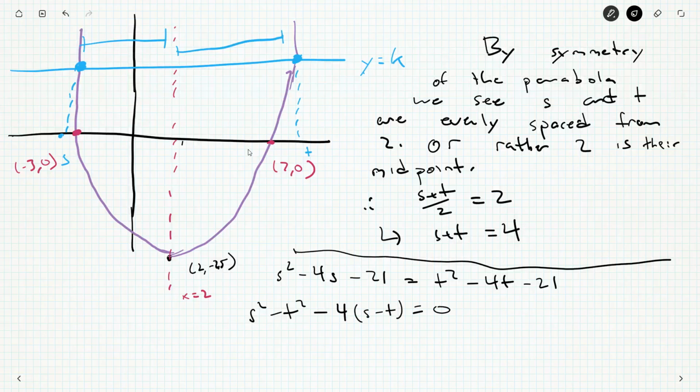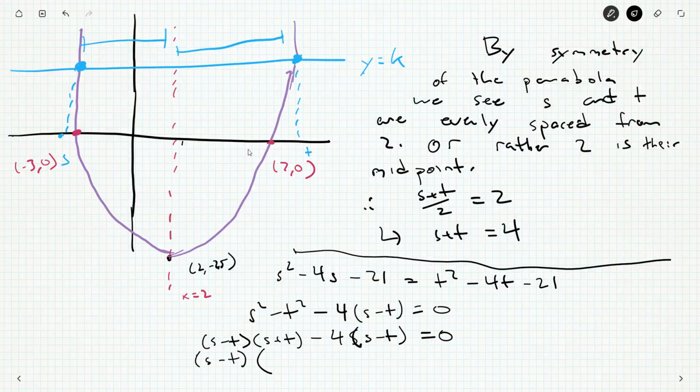Now, what we can do is, s squared minus t squared is a difference of squares. If you haven't seen that before, it's a fantastic thing to have memorized. Something squared minus something squared can immediately be factored in this way. But now we've got s minus t times (s plus t minus 4).